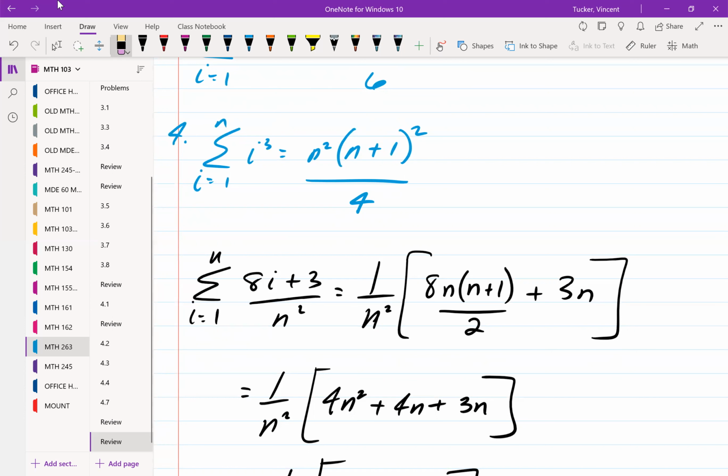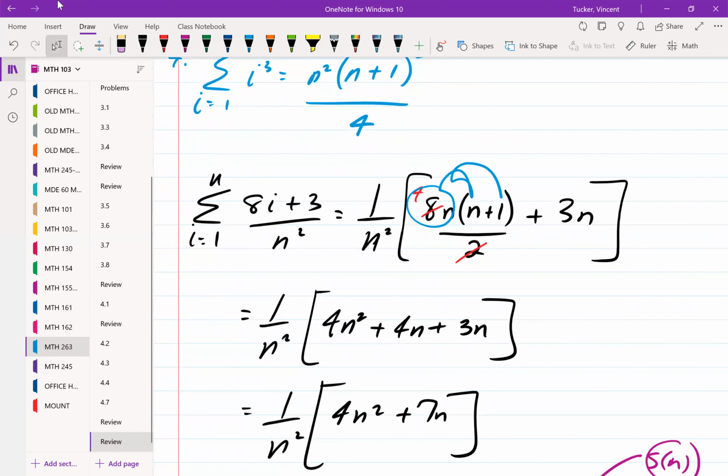And then, like I said, that's plus 3n right there. And so now we can simplify. That 2 goes into the 8, leaves you with 4. And on the outside of the parentheses, we have 4n, so we can distribute that into the parentheses. So that's 4n times n, which is 4n squared. 4n times 1 is 4n. And then plus this 3n, which is still here.